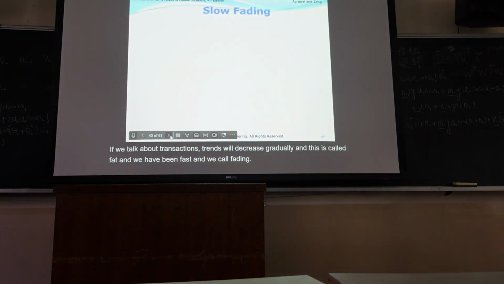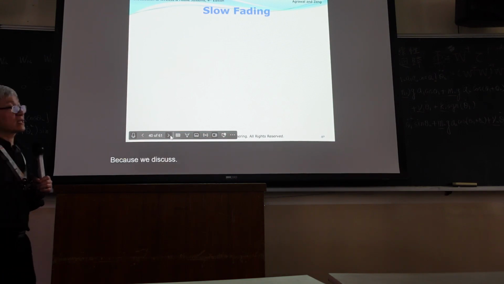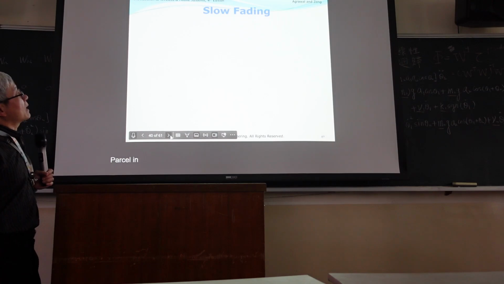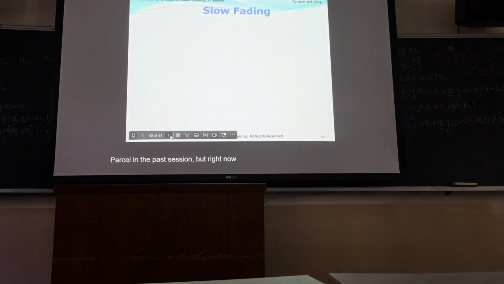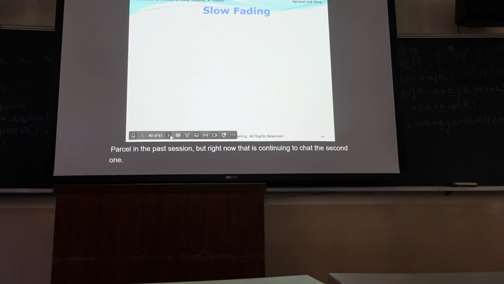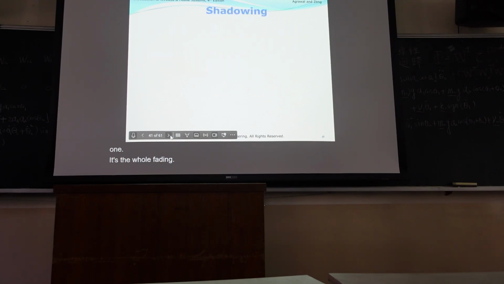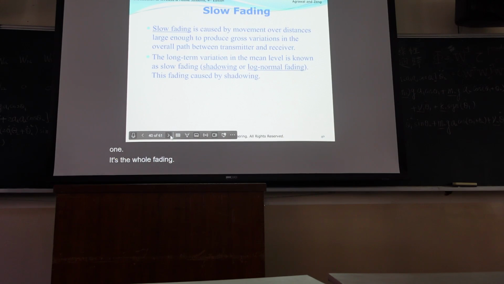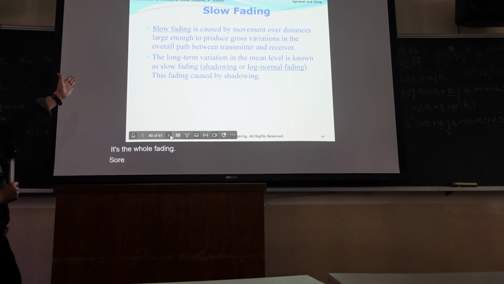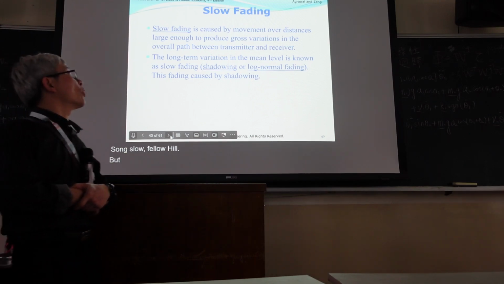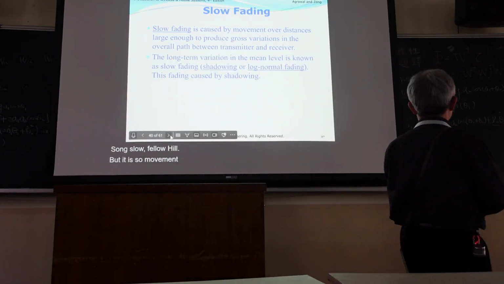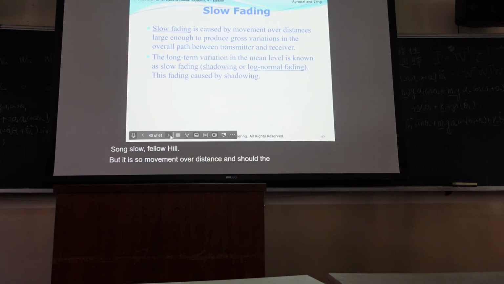Because we discussed path loss in the past section, right now let's continue to check the second one, slow fading. So you can check what slow fading means. It is caused by movement over distance, and the distance is large enough to produce large variation, so this one is called slow fading.